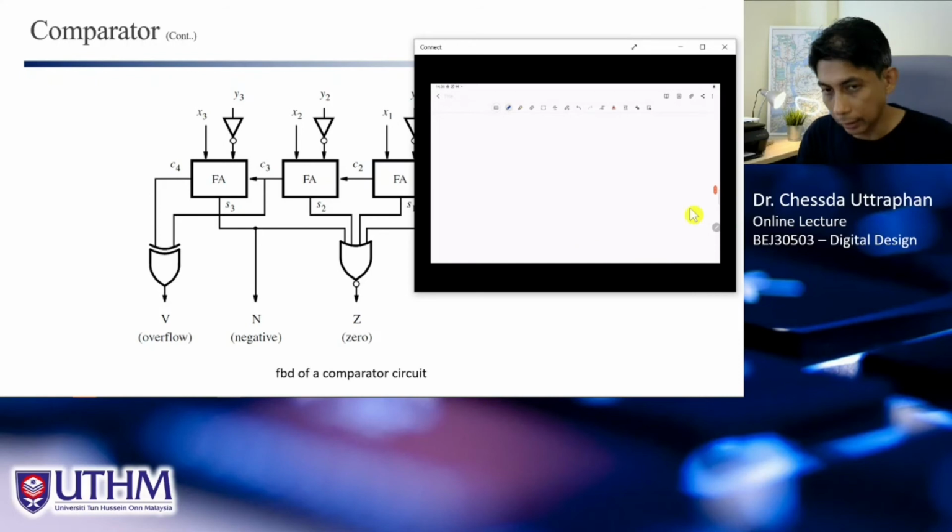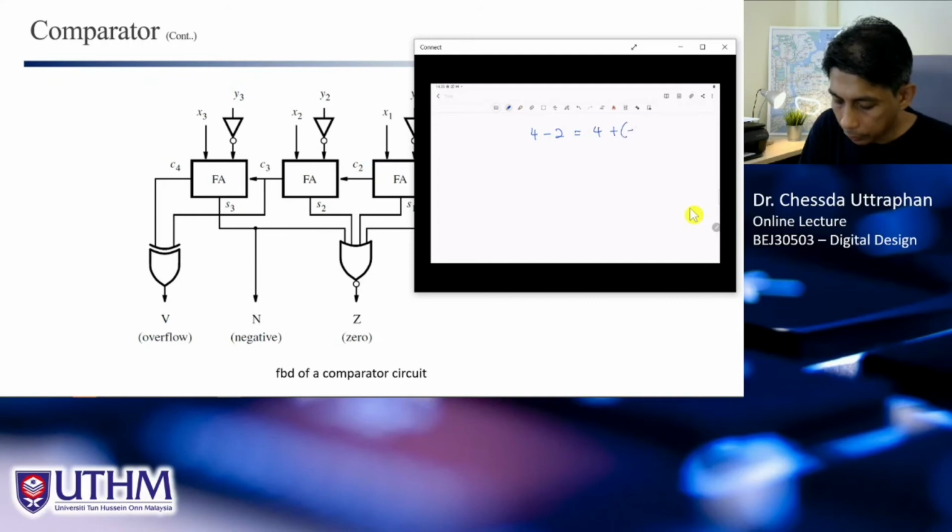Remember last week when we want to subtract, for example, 4 minus 2, what we do is actually 4 plus minus 2.